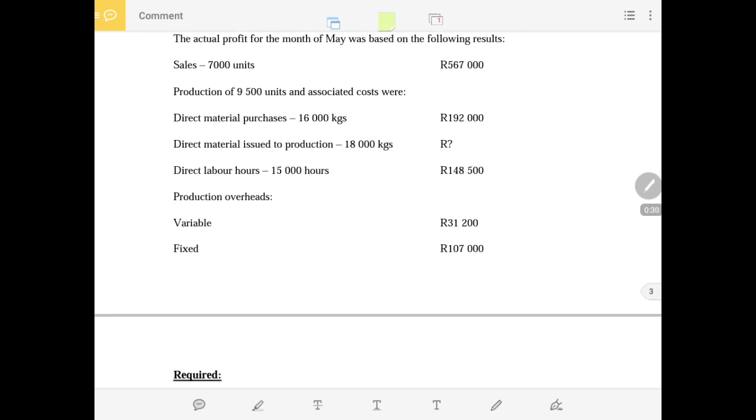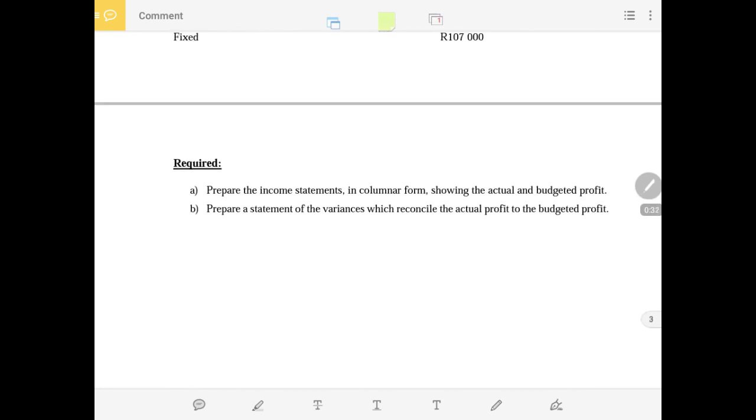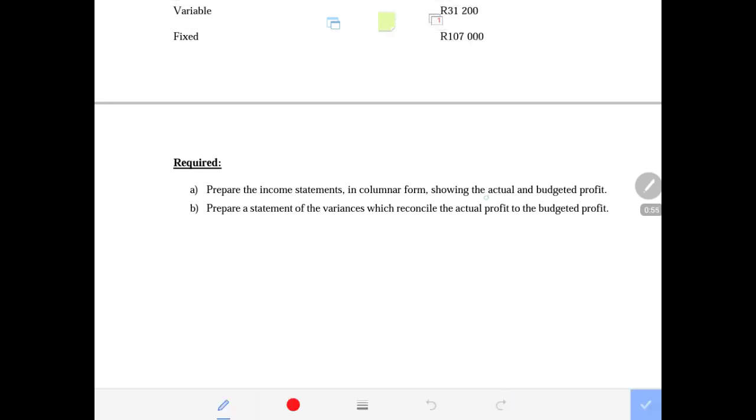Now let me bring your attention to what is required so that we can see what I'm talking about. It says that I should prepare the income statement in columnar form, and I should show the actual and the budgeted profit, meaning both of the profits should be shown.